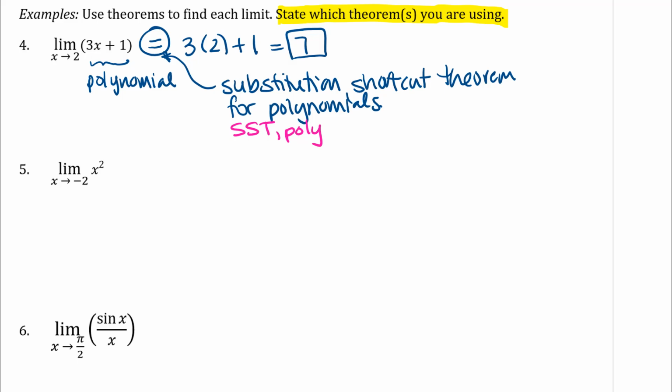So you could also say that you have used the theorem about the identity function, the constant function, and then the combining functions theorems about addition and multiplication. So that's citing a lot of different types of theorems here, and it's maybe more concise just to say that you've used that substitution shortcut theorem for polynomials. So that's probably what I would write.